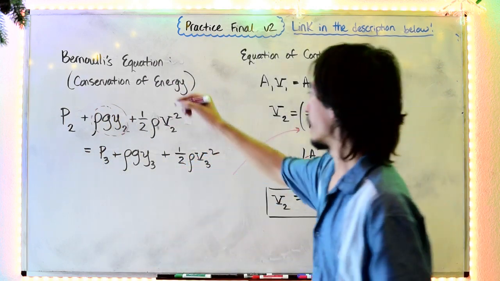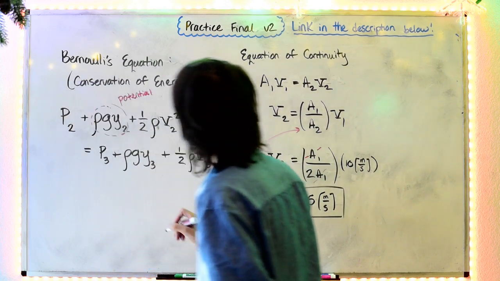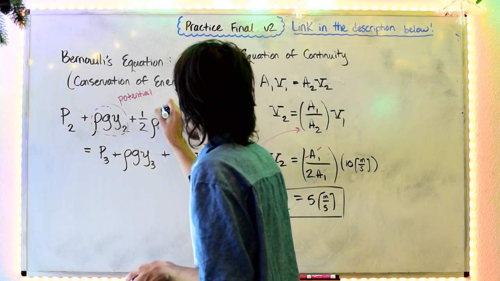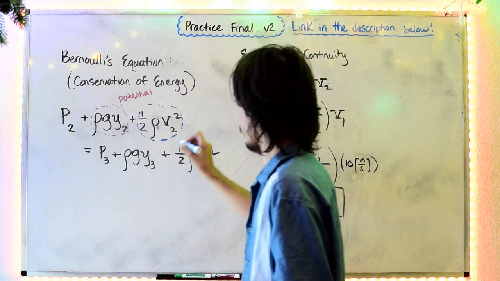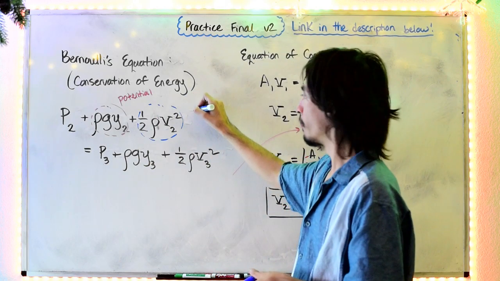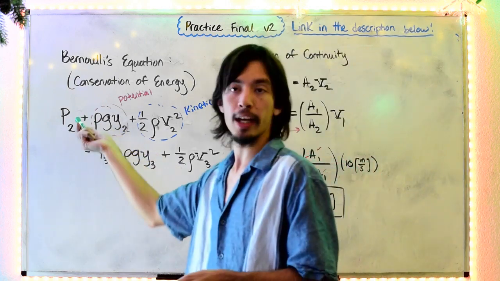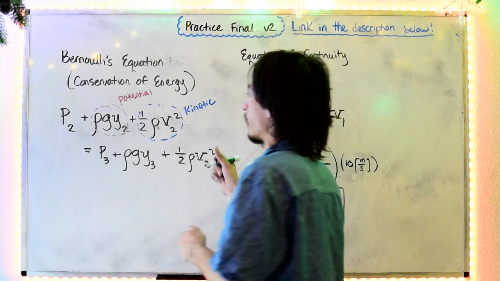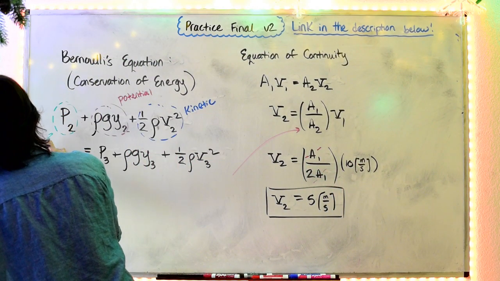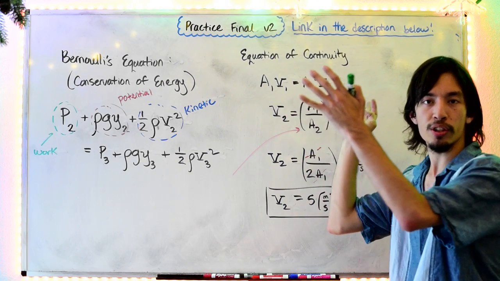That's potential energy. The 1/2 rho v squared term looks like 1/2 mv squared, which is the kinetic term. And the pressure is actually just the work done, really, per volume. So this is all just conservation of energy.